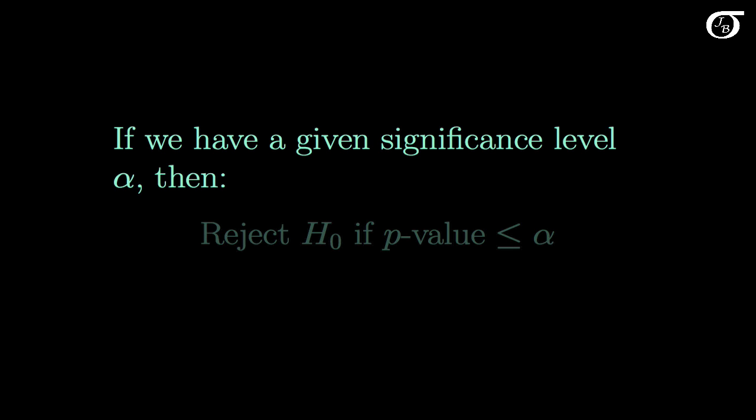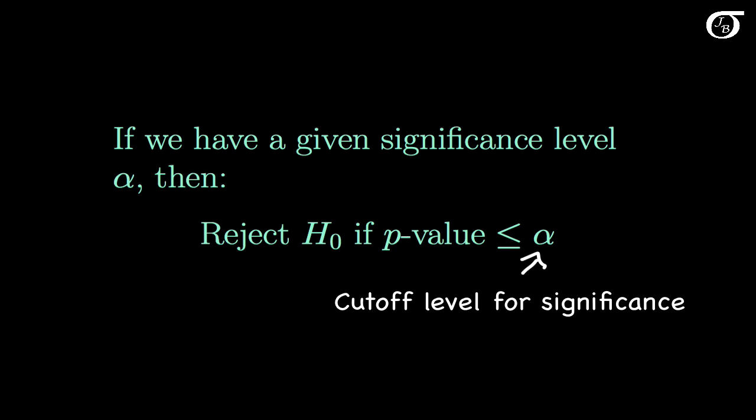If we have a given significance level alpha, then we reject the null hypothesis if the p-value is less than or equal to the significance level alpha. Or we could say that the evidence against the null hypothesis is significant at the alpha level of significance. And so we could consider alpha to be a cutoff level for significance.